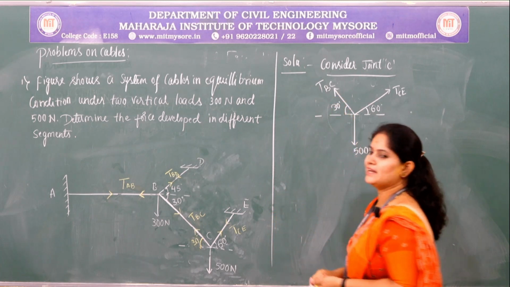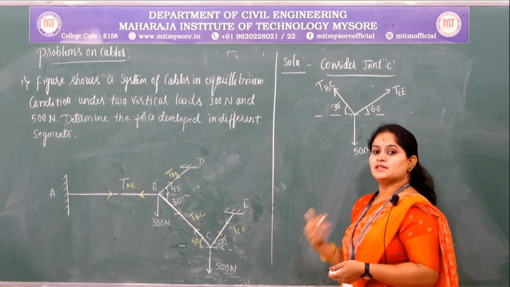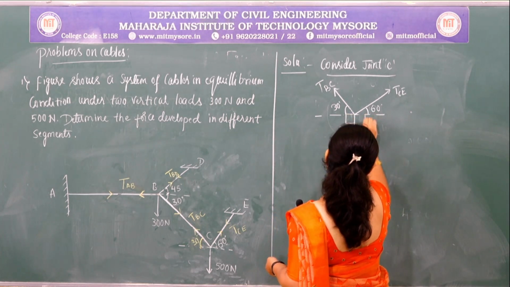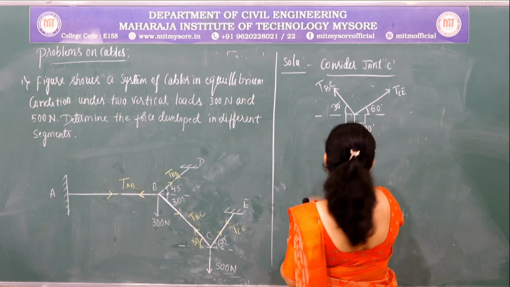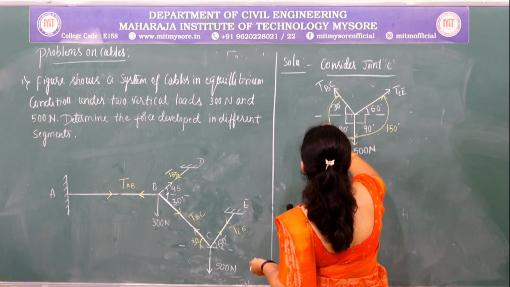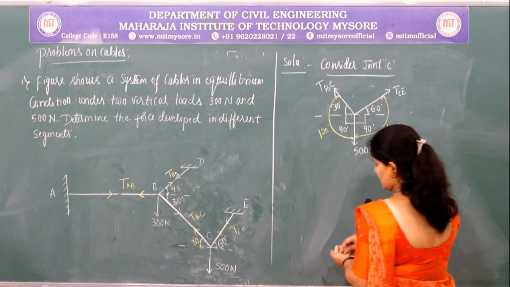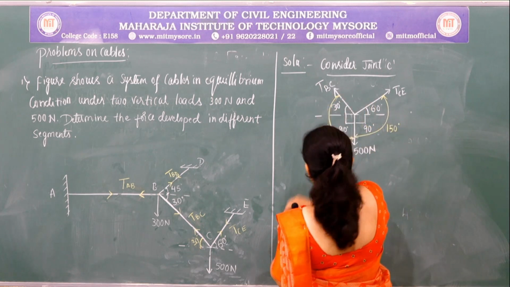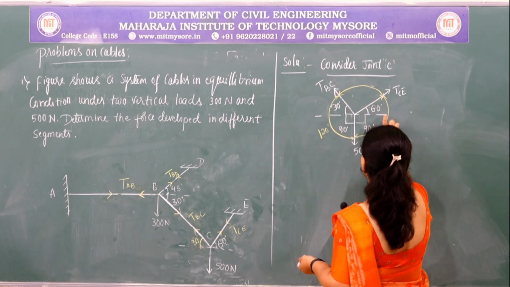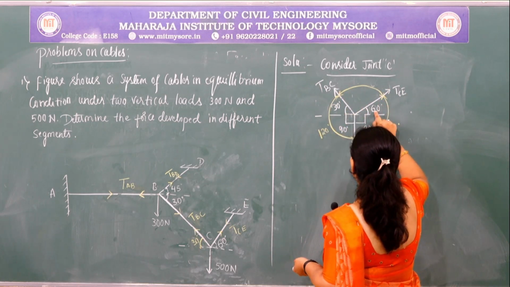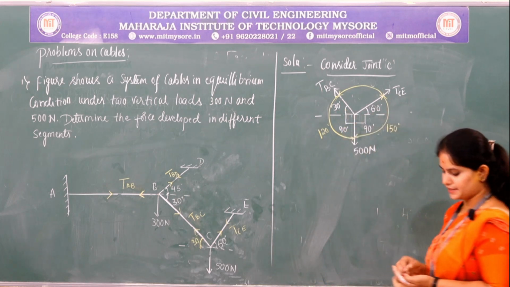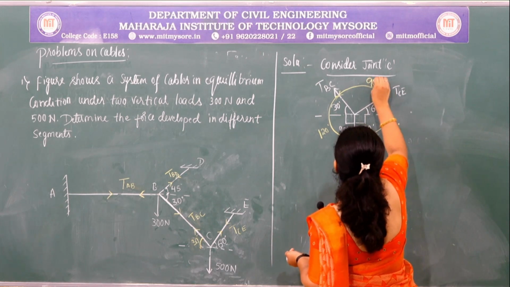In order to apply Lami's theorem, we need to know the angle between each of the forces. So this will be 90 degree, this is also 90 degree. So the total angle is 150 and 120, and this angle is, so total it is 180. Here it is given that it is 60 degree and 30 degree, 60 plus 30 is 90 degree, and the remaining angle will be 90 degree.